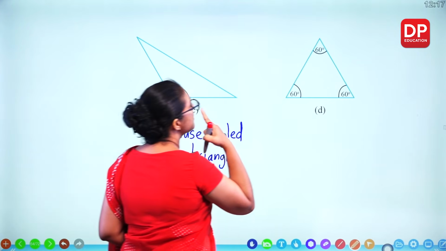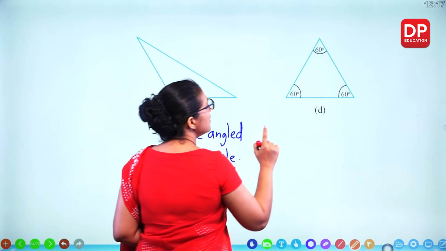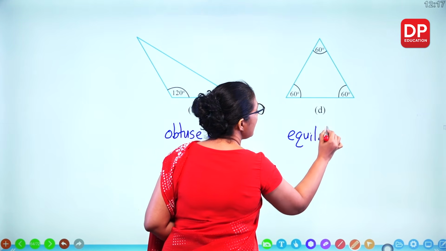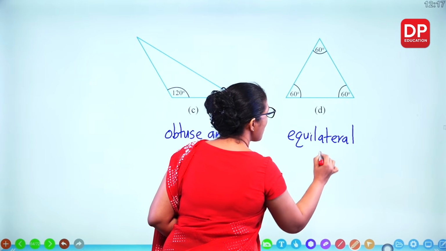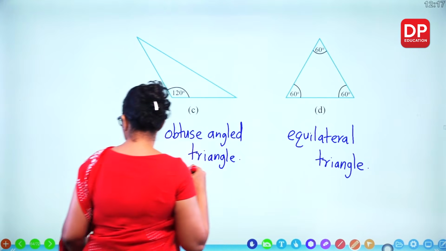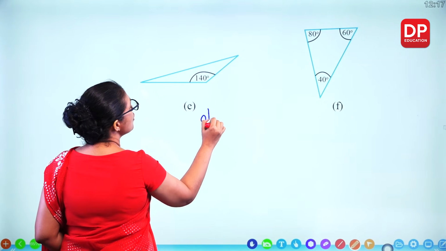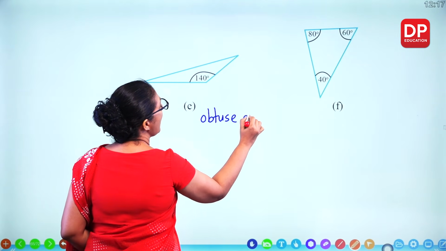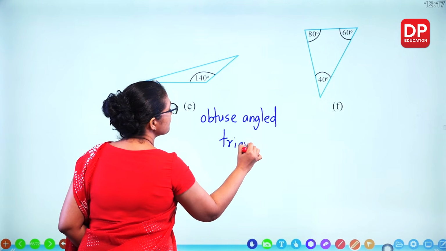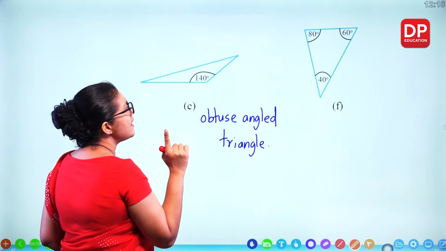60, 60, 60. All angles are equal. We call it equilateral triangle. 140 is there, more than right angle. Obtuse angled triangle. 40, 80, 60, all are less than 90.